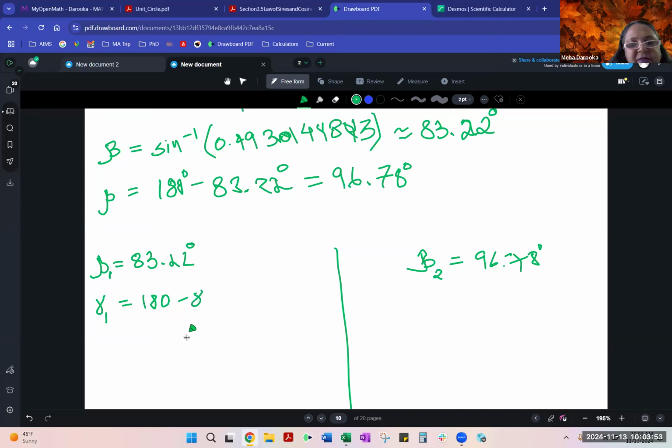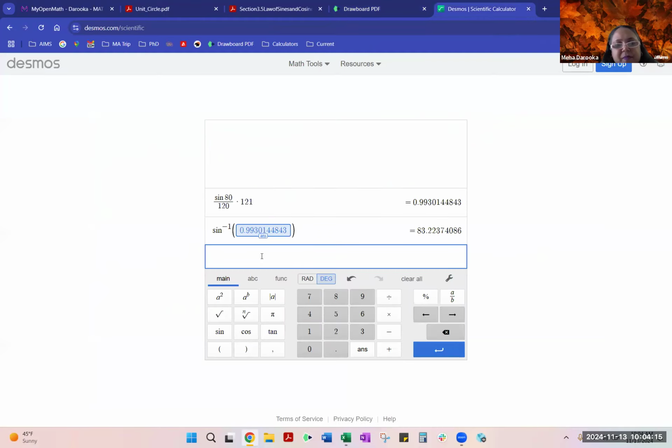All right, guys, so let's go ahead and find our gamma 1. Like I said, the original angle was 80 degrees for alpha, and then we had 83.22 for beta 1. Again, I don't know why this screen does not let me do curved numbers, but let's go ahead and do that.